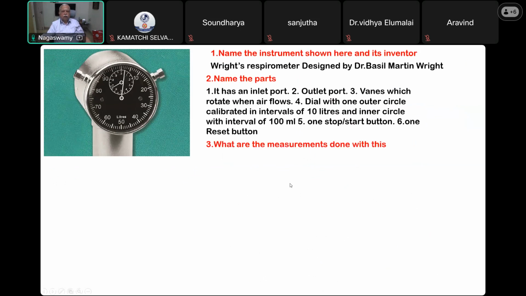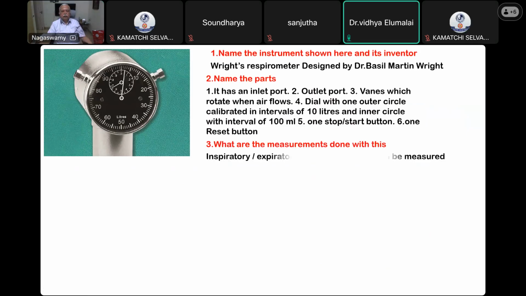So what are all the measurements you can make using this? This is more or less like an OSCE question. I incorporated it because it can be used in the anesthesia machine also to measure the tidal volume, maximum breathing capacity.